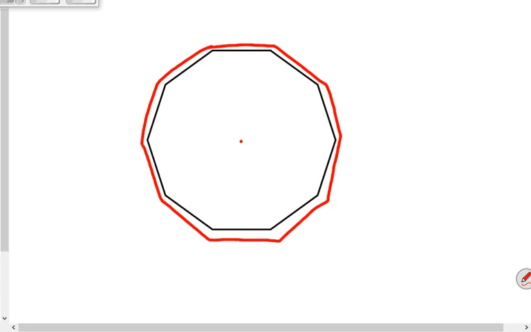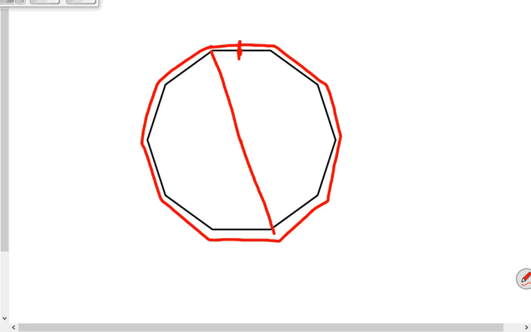Basically what we need to do is find the length of one of these sides. And the decagon has how many sides, Maddie? And so we know the length of one side. All right, so we know that this length here is 4 feet. It's 4 feet from one vertex through the center to the opposite one, right?